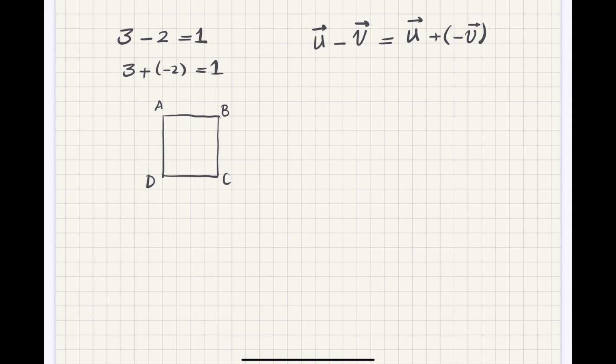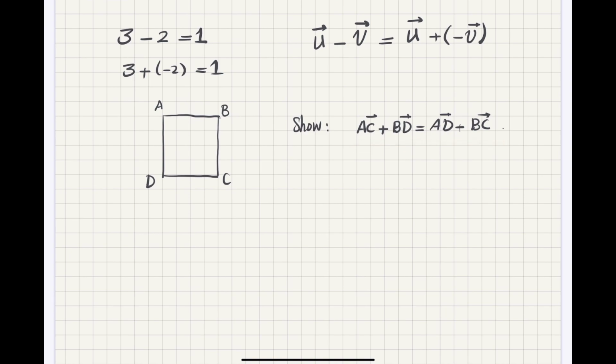I want you to show this relation that AC plus BD is equal to AD plus BC. Okay, so this is a good exercise. We want to show that in this square we have this equality.